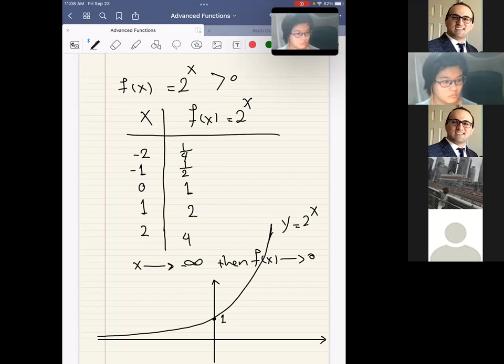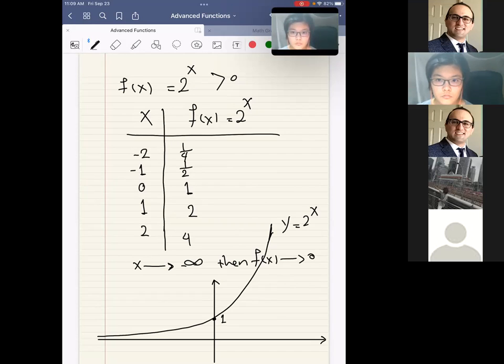When x is negative, then 2 to the power x is a number less than 1. Like 2 to the power negative 1 is 1/2. 2 to the power negative 2 is 1/4. 2 to the power negative 3 is 1/8, and so forth. So when x is a negative number, 2 to the power x would be a number less than 1. Okay, and here is the graph.